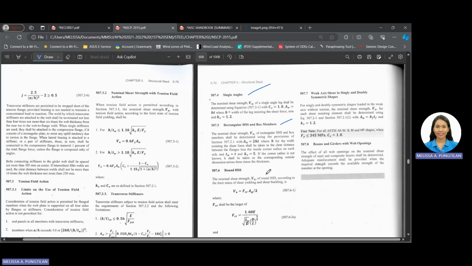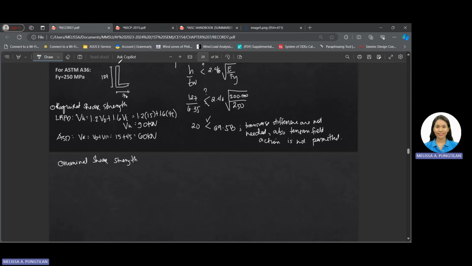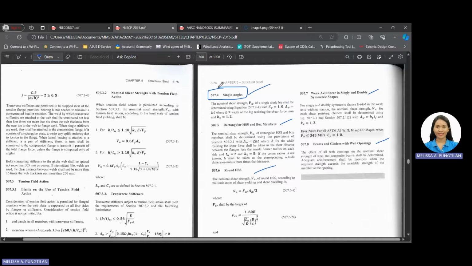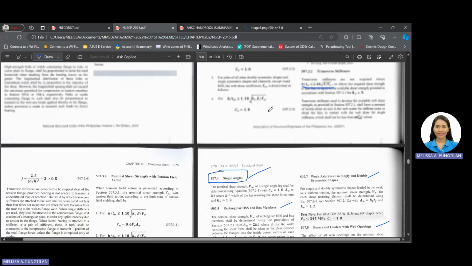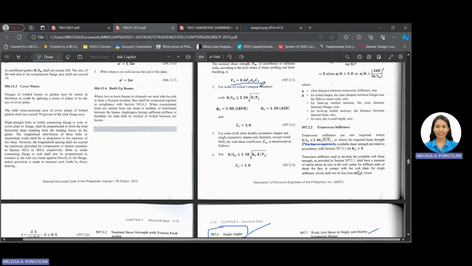Meron din for rectangular HSS, for round HSS, and for the weak axis shear in singly and doubly symmetric shapes. And of course, for beams and girders with web openings. So basically, yung ating shape is an angle with an unequal leg. Therefore, we can use 507.4, single angle, on which the nominal shear strength VN daw is equal to 507.2-1. So, yung computation natin for the nominal shear strength is based on 507.2-1.